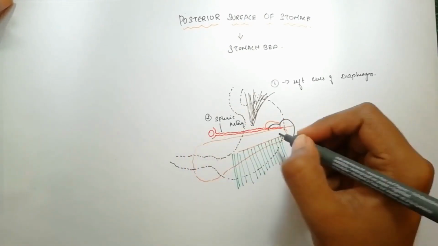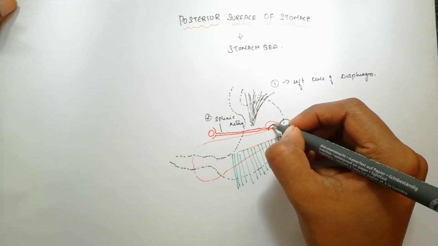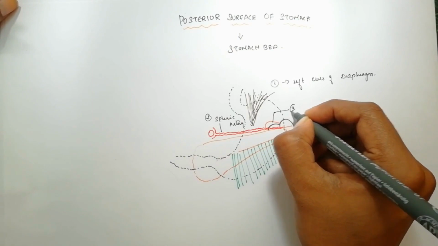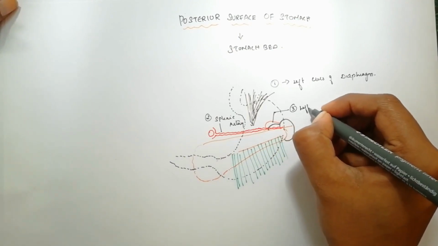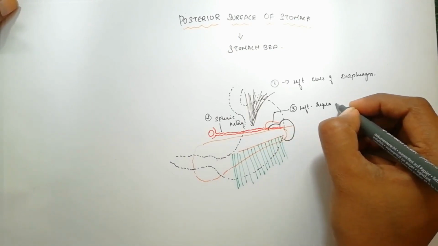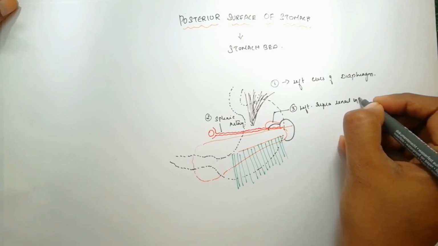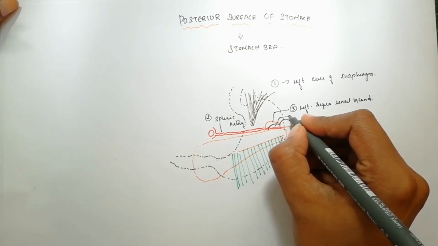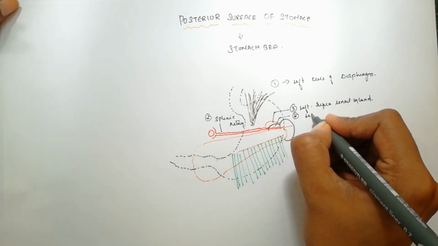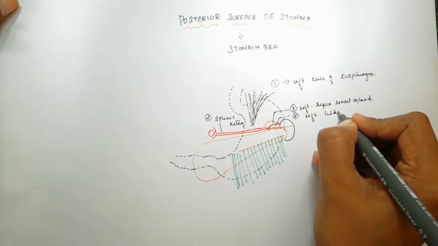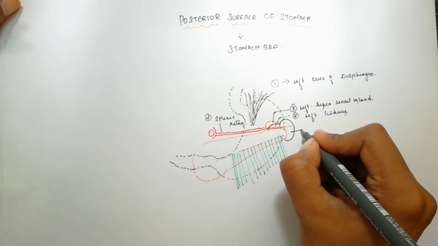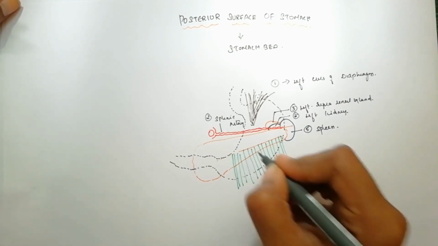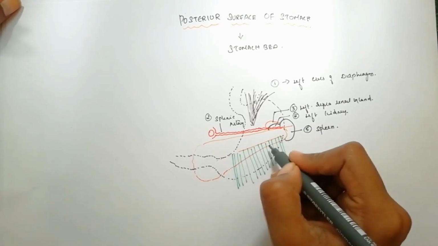And the third structure related is, here you can make out kidney with left suprarenal gland. So third is left suprarenal gland, and the fourth one is left kidney, and the fifth one is spleen, and sixth one is body of pancreas.